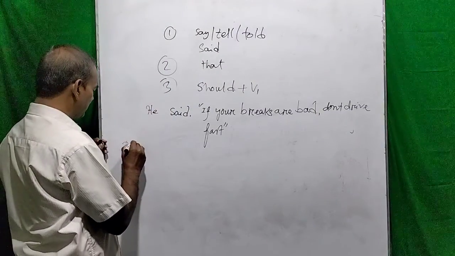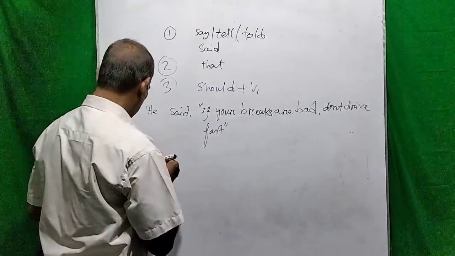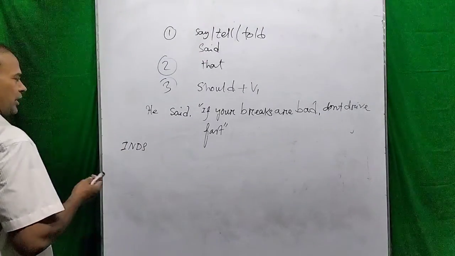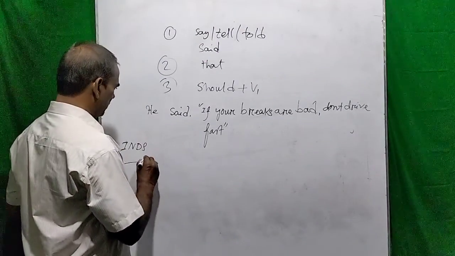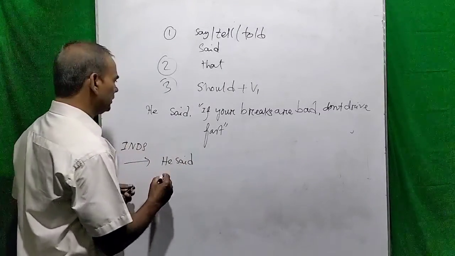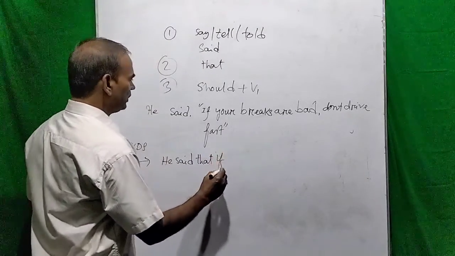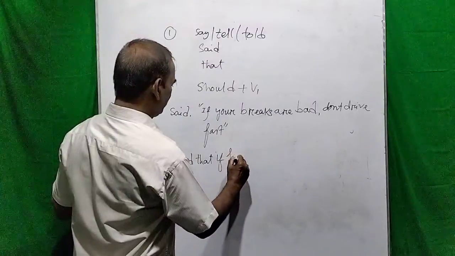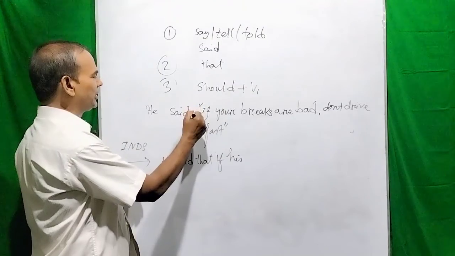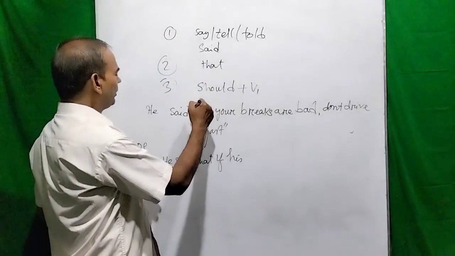So dear viewers, how can we sense? We have to follow the above rules. So the indirect speech is going to be written like this way. Please take a look at the indirect speech. So dear viewers, how can we write? He said that if your brakes, that means your is referring to the object here, him or her or my.